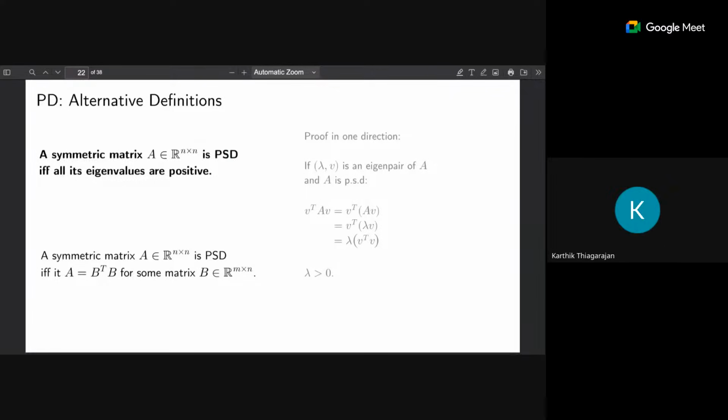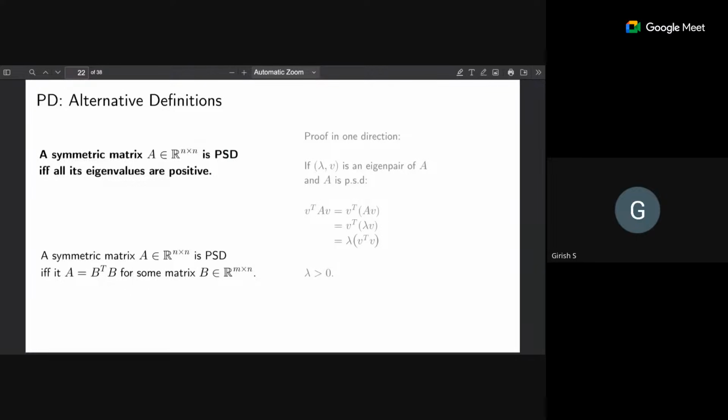Even one 0 eigenvalue makes it positive semi-definite. For positive definite, all eigenvalues have to be non-zero, in fact all positive.